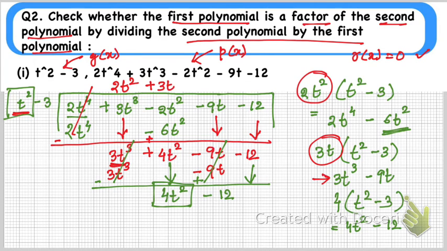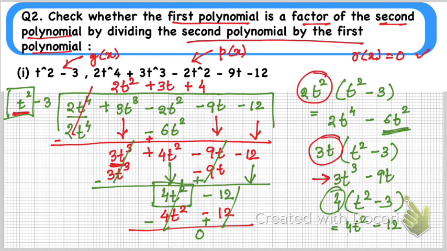So 4t square minus 12, multiplying it with 4. So here we will write plus 4, and here we will get 4t square minus 12. Changing the signs again, it will become minus and plus. Both will get cancelled and we will get the remainder as 0.